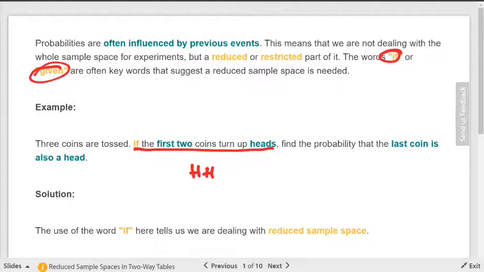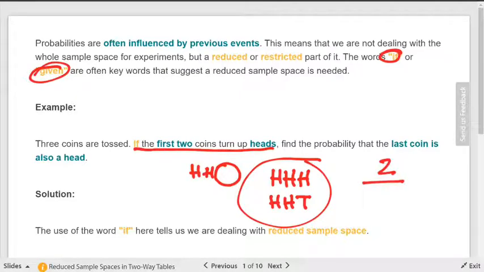So what we're going to look at is what happens on the last one. Well, what are the only 2 options left? We can get heads, or we can get tails. So we know that there are only 2 possibilities.